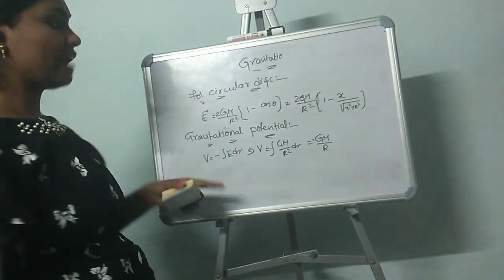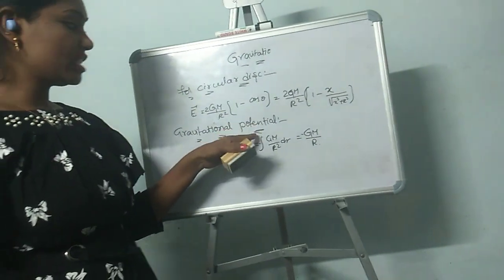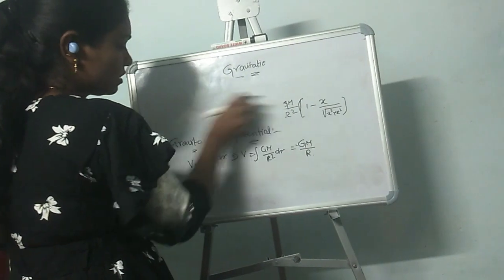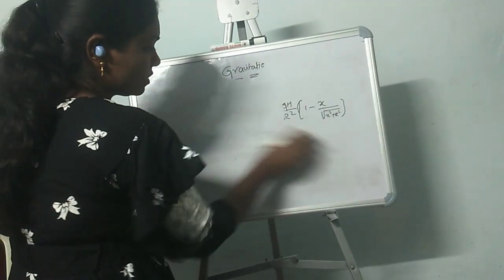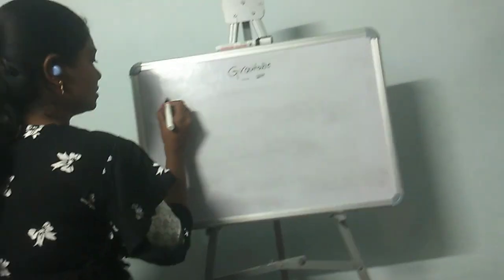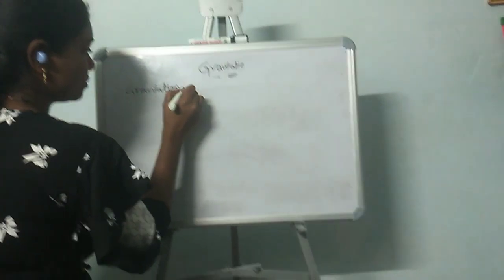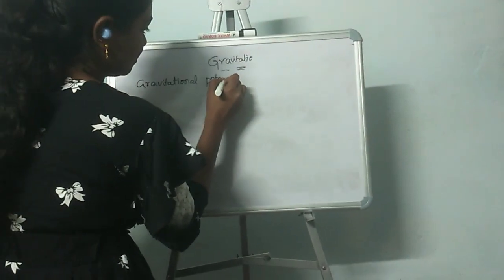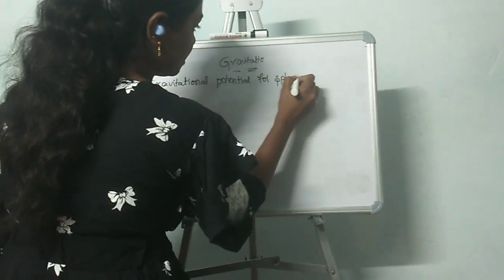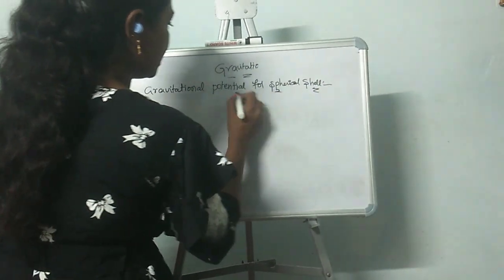Okay. For gravitation, we now discuss gravitational potential for a spherical shell and solid sphere.